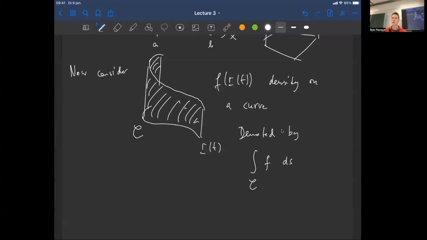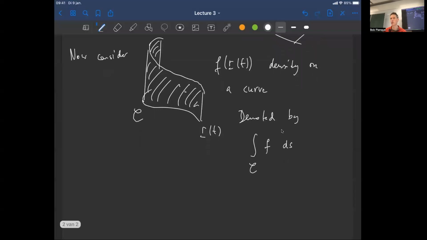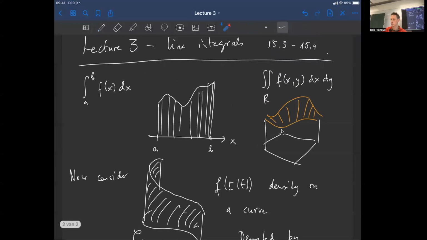These kinds of notations are always a bit weird because they don't seem to mean very much. And that is true. They are really only something by which you denote something. So this basically just means the integral of f along the curve c. It doesn't specify how you actually compute it. The only things that we actually know how to compute are the things that we start with. So these ones, these are things we can compute.